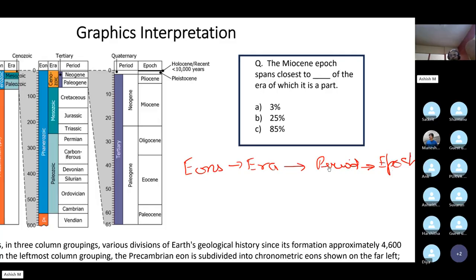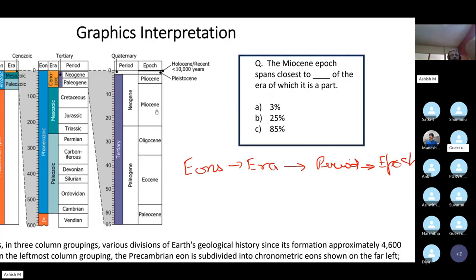So Miocene epoch is what percentage of the era? All right. So Miocene epoch, tell me how many years? And we are talking about million years here, by the way, right? So it essentially started with around 5 to 25, right? So it's almost 20 million years, correct?